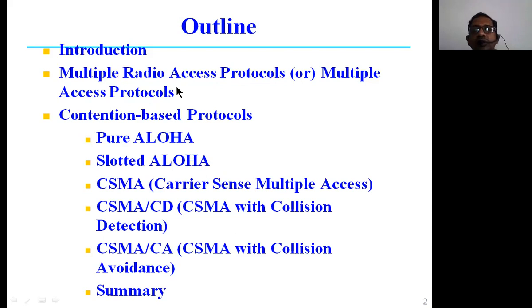The same protocols, when it comes to data communications, we simply call multiple access protocols. That means if you really understand these protocols for data communication networks, you can apply the same protocols to mobile communications as well. So this is the advantage.